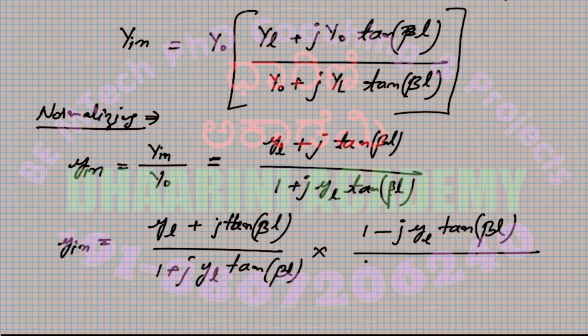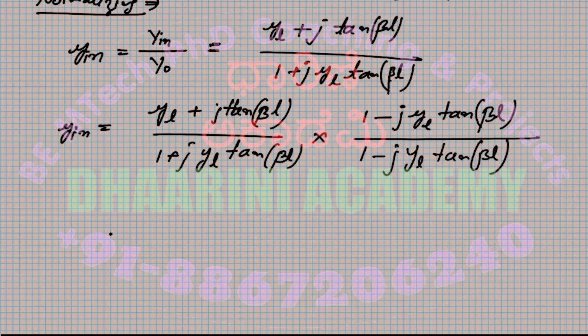Whole divided by 1 minus j yl tan beta L. Okay, so what happens to the numerator now? Numerator becomes, so I have yl as it is.